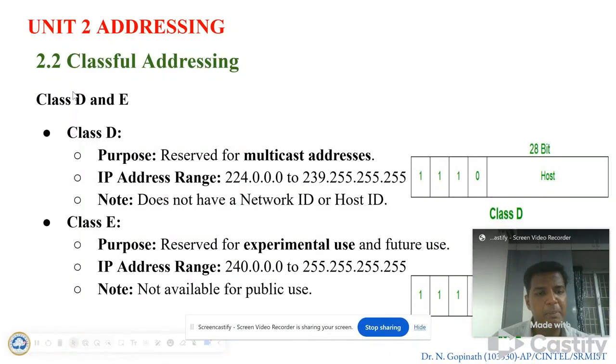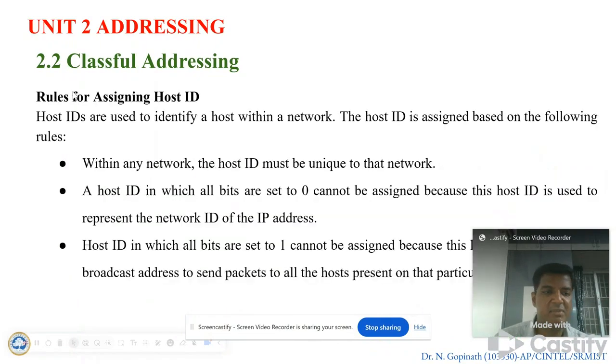And the purpose of class E is reserved for experimental use and future usage. The IP address ranges from 240 to 255. It is not available for public use. It is exclusively meant only for experimental purposes.